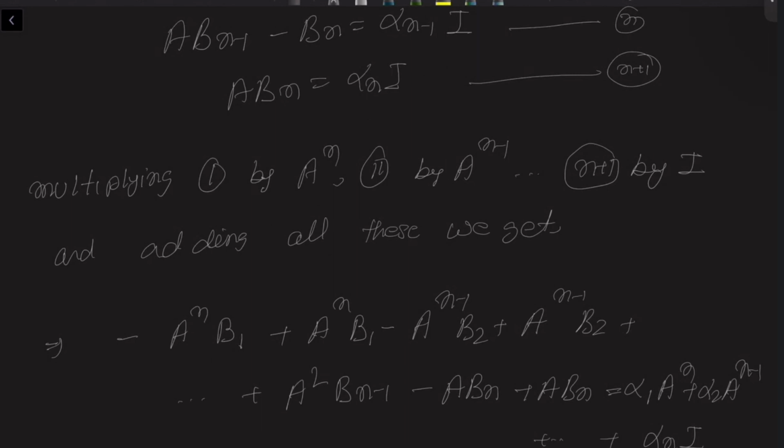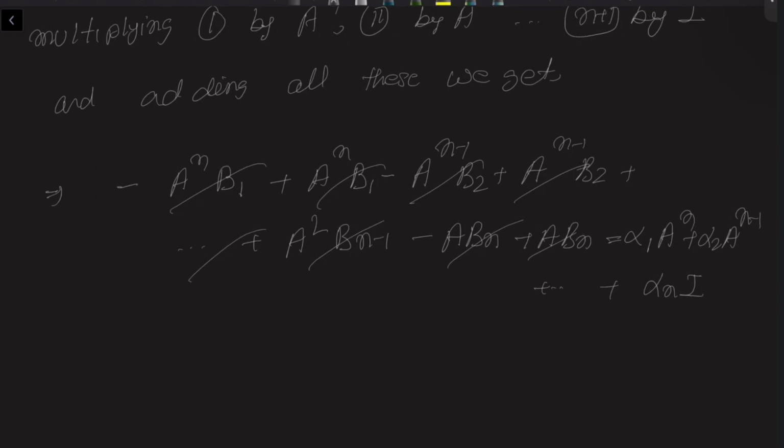So you see the terms on the right hand side, they all get cancelled if you just do the calculations. What we are left with is alpha 1 A^n, alpha 2 A^(n-1), up to alpha n I equals 0, and this is what our theorem is. That is, if I replace lambda by A, the equation is still satisfied.